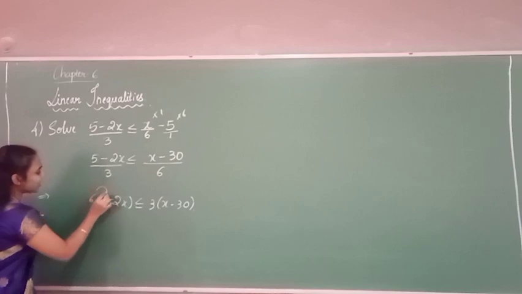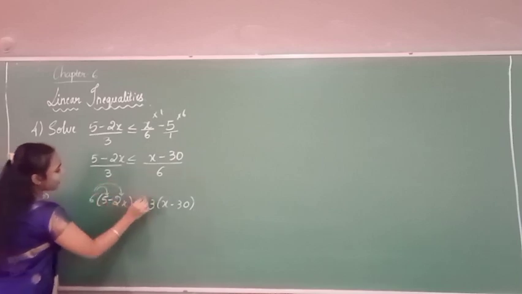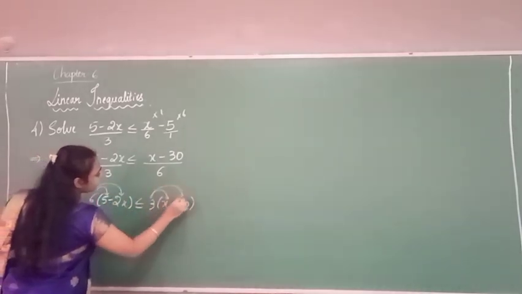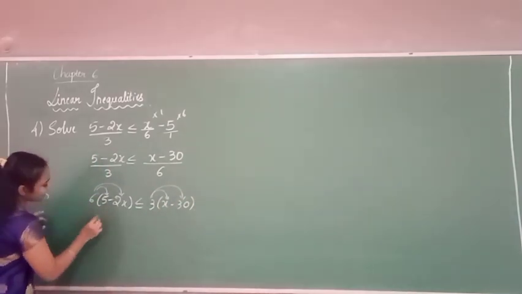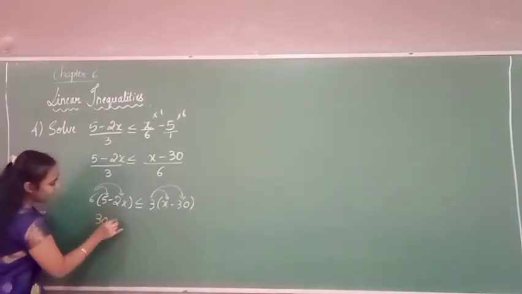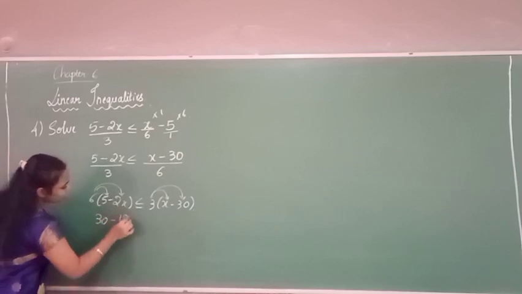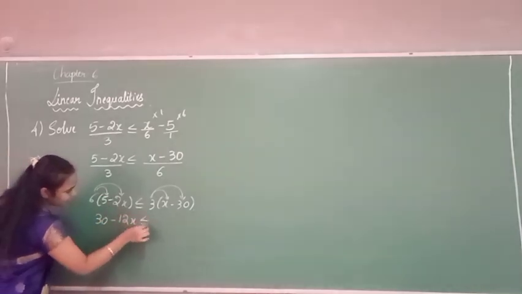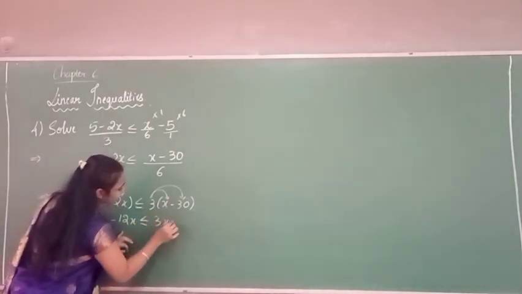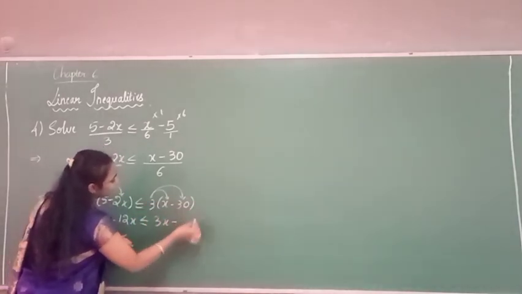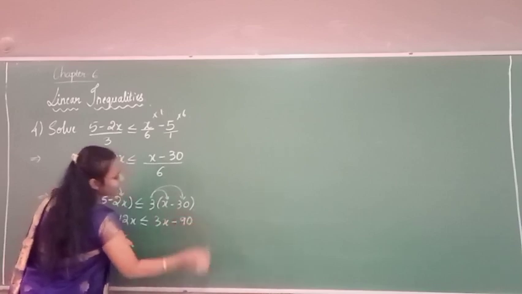Now multiply 6 inside the brackets and 3 inside the brackets of RHS and LHS. So 6 5s are 30 minus 6 2s are 12x is less than or equal to 3 into x is nothing but 3x minus 3 into 30 is nothing but 90.